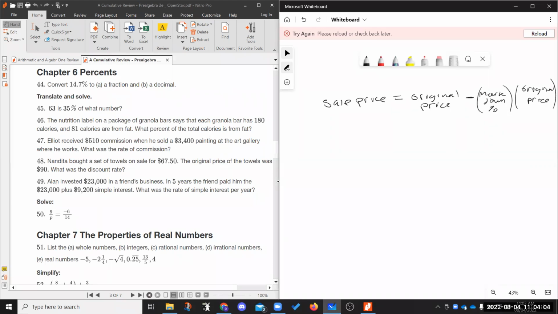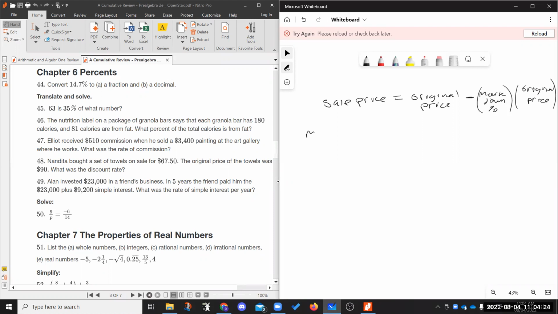So if we want to solve for our markdown percentage, we can take the difference between our sale price and our original price. Let's just switch sides here.